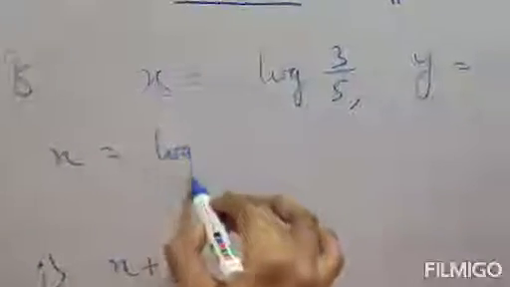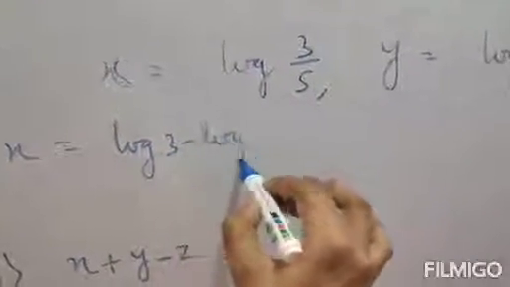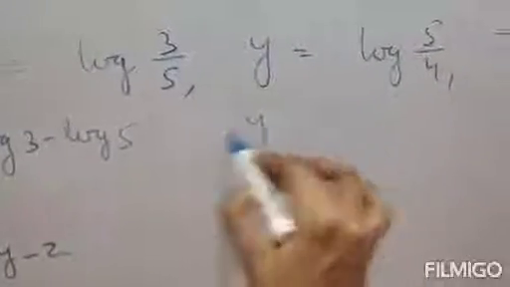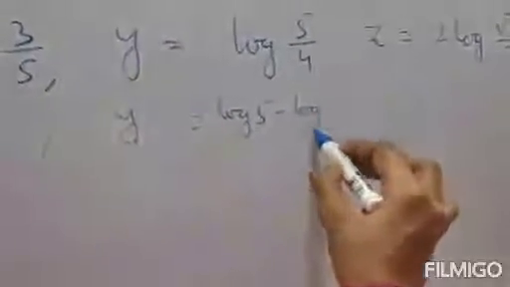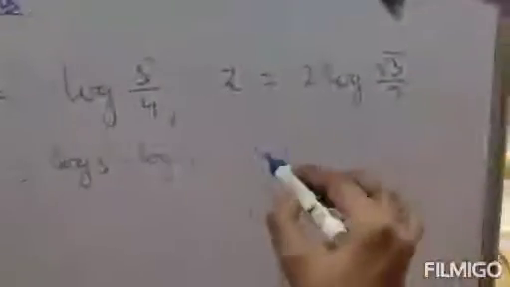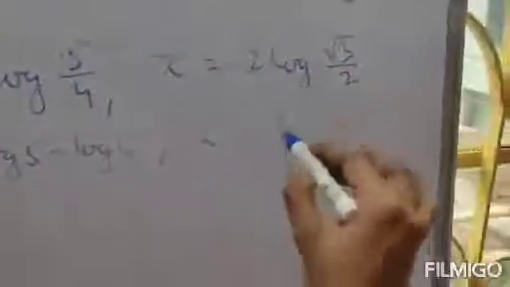Clear? So x is log 3 by 5, which by the quotient formula means log 3 minus log 5. For y, log 5 by 4, apply the quotient formula: log 5 minus log 4. Next, z: just apply the power formula.